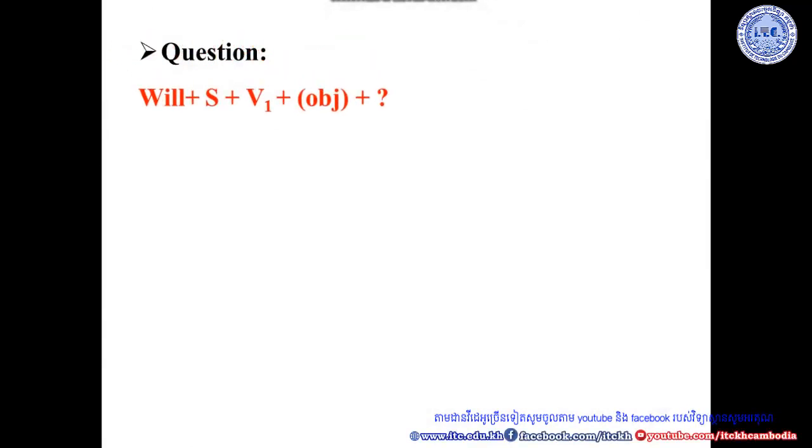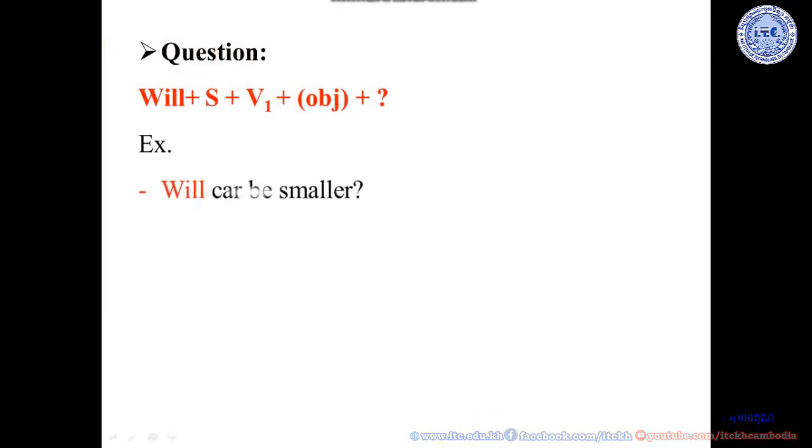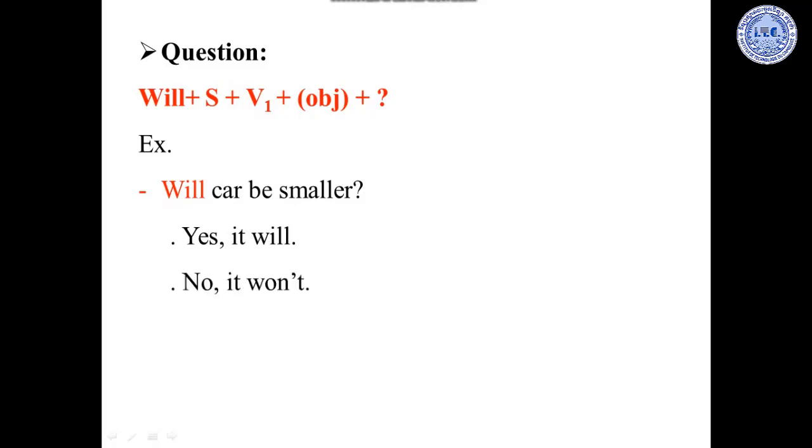For questions, we just put will in front of the subject: will plus subject plus verb infinitive. An example: will cars be smaller? For answering a yes/no question, we can say yes, it will, or no, it won't, for a short answer.